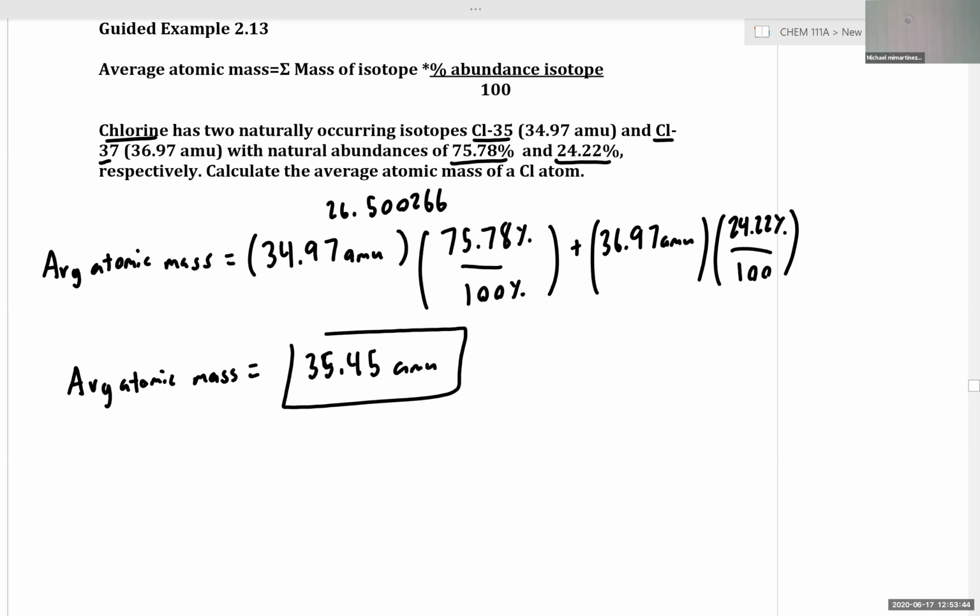We have 4 sig figs each, so our answer should have 4 sig figs. Did that answer your question? Yep, exactly. You still follow sig fig rules for the calculations.